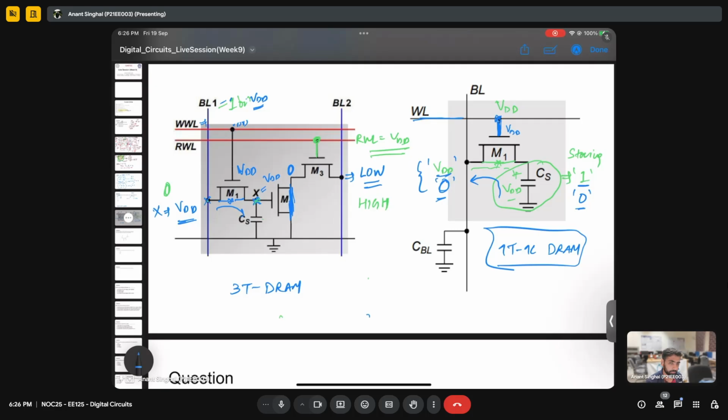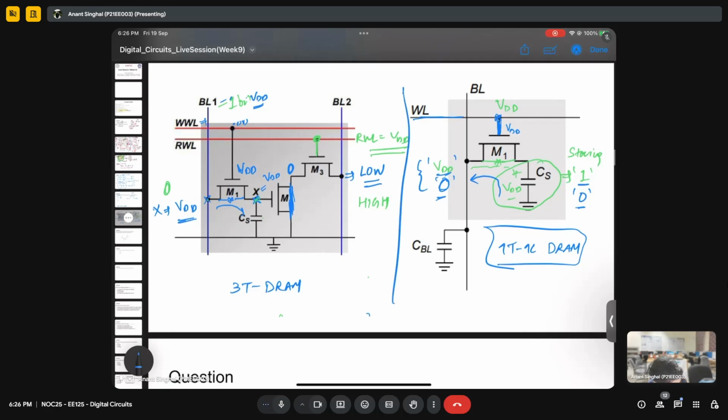I understood the writing part, sir. How can we read, sir? Yeah, so to read, this memory is fine for writing because we do not have any read line, right? Even if you want to read what is there, let's say this capacitor already contains VDD, that is 1, and you want to read it, you just turn on this, just give the VDD.